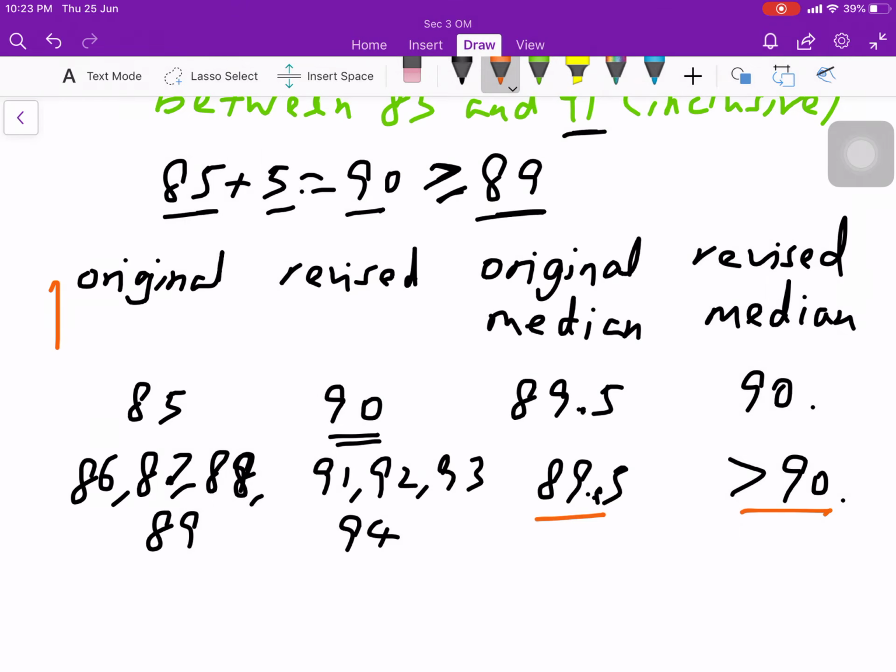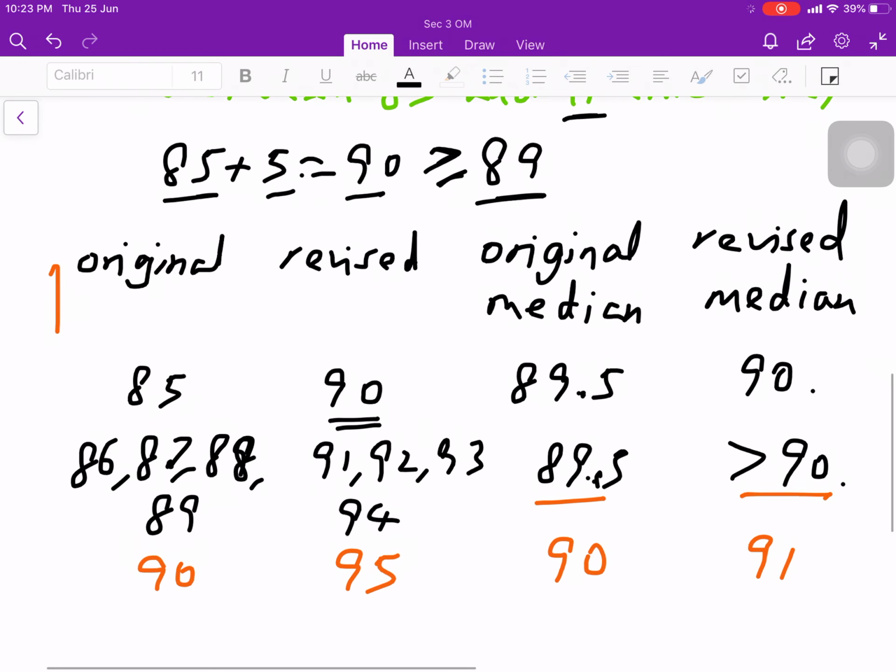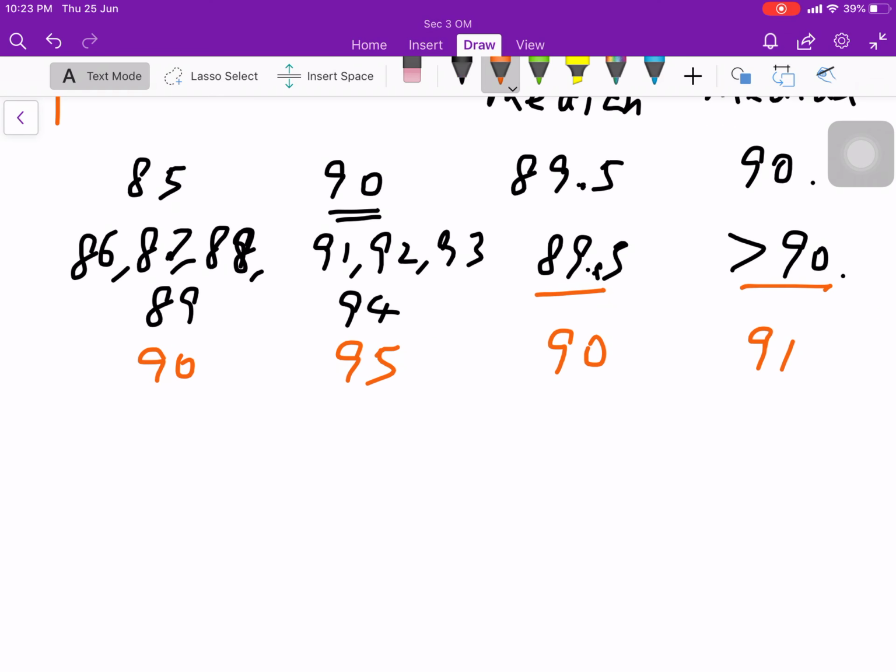That means if your original score is 90, you will get 95, right? The revised score is 95. The original median will be 90, and then the new revised score is 91. Therefore again, if you don't understand this, let's just write down the numbers. You will be able to understand: 82, 83, and then 85, 89, right?